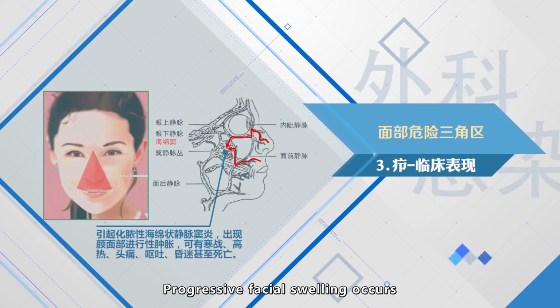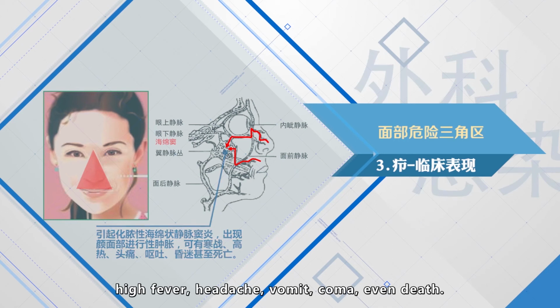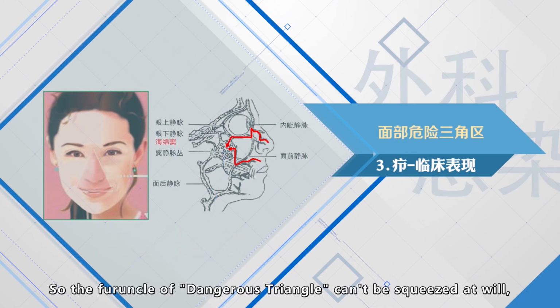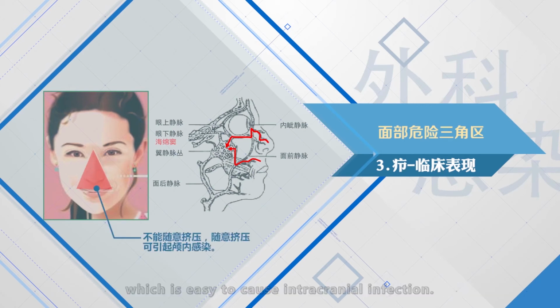Progressive facial swelling occurs and it can cause shivering, high fever, headache, vomiting, coma, even death. So the furuncle of the dangerous triangle can't be squeezed at will, which is easy to cause intracranial infection.